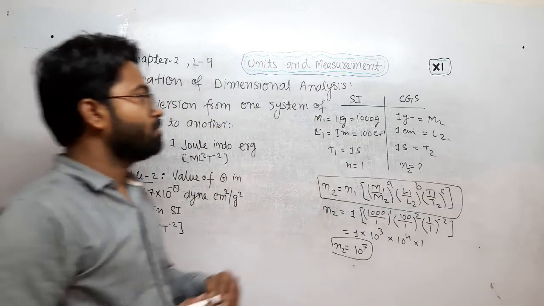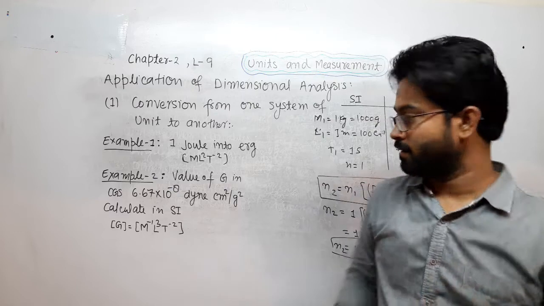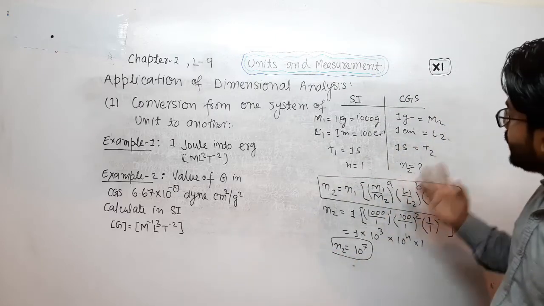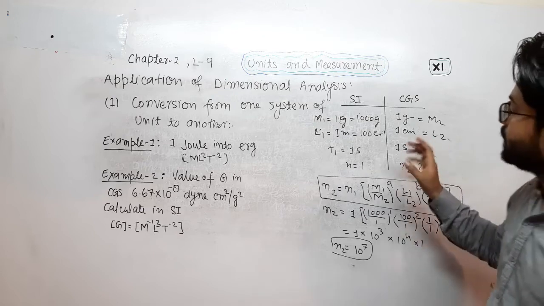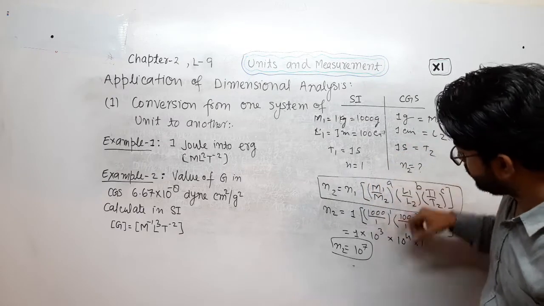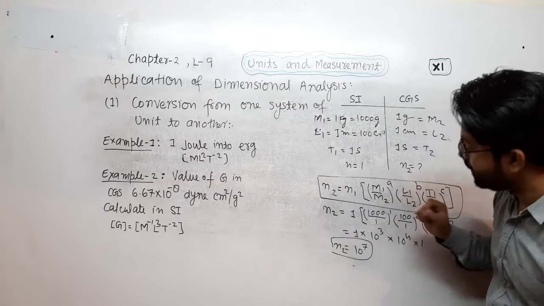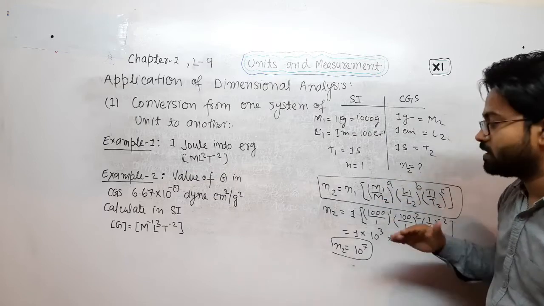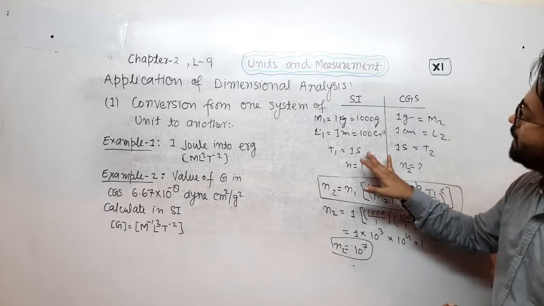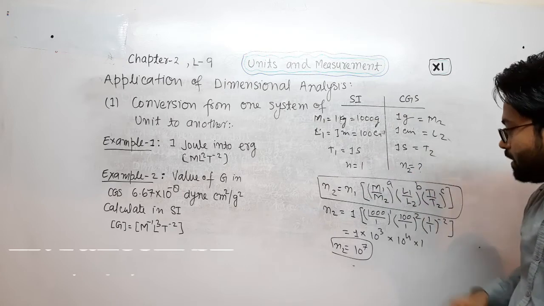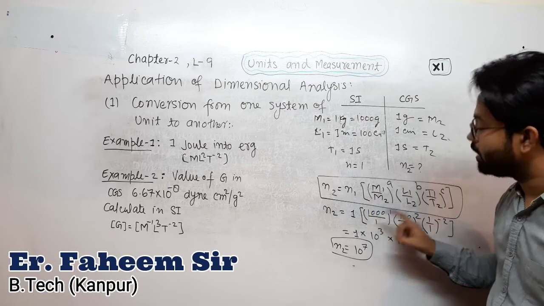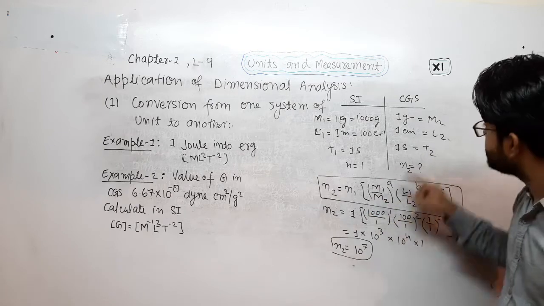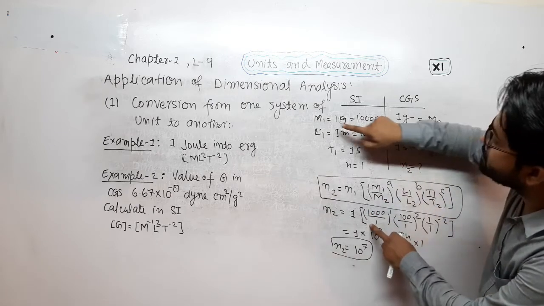One thing you need to remember is that we can change in SI or in CGS. You can write M1 and M2 in the same system of units, in SI or CGS. We have converted M1 into M2, where M2 is in CGS and M1 is in MKS.